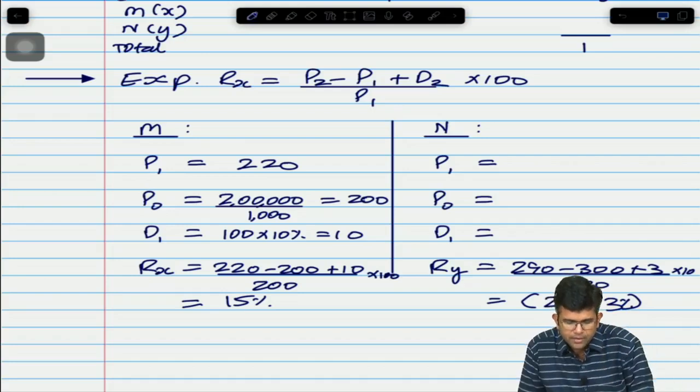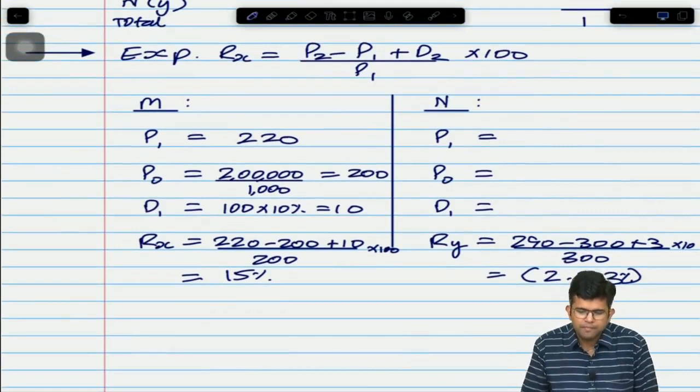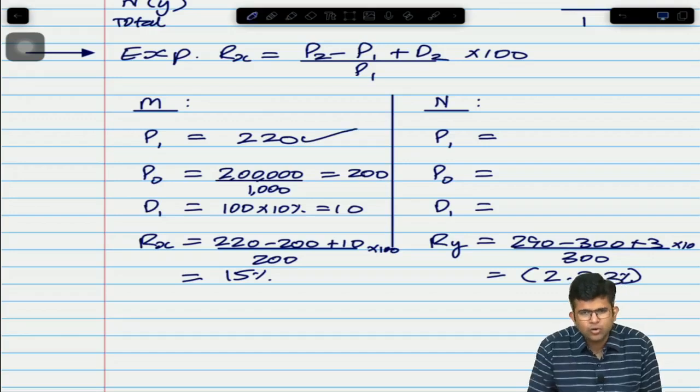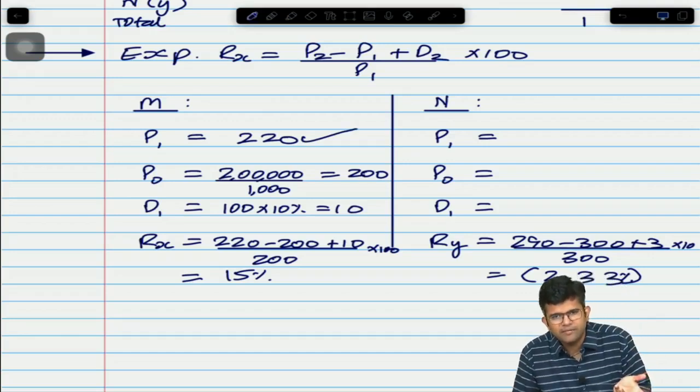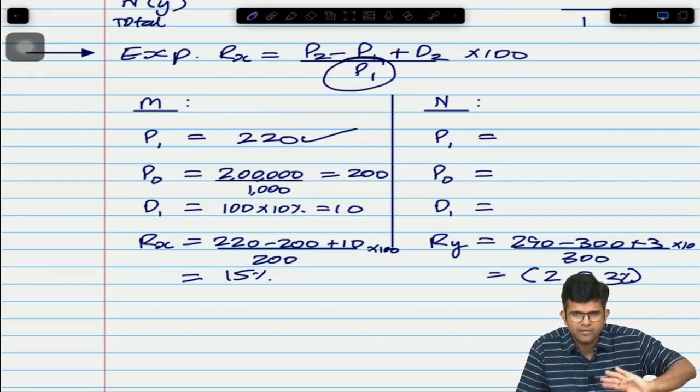Great. Students, moving on. Can I say now if I talk about M, can I say this is correct? 220 will continue only. Everyone clear? 220 will be P1, but that P1 now will be the denominator. Everybody clear? P1 will be now the denominator for year 2.